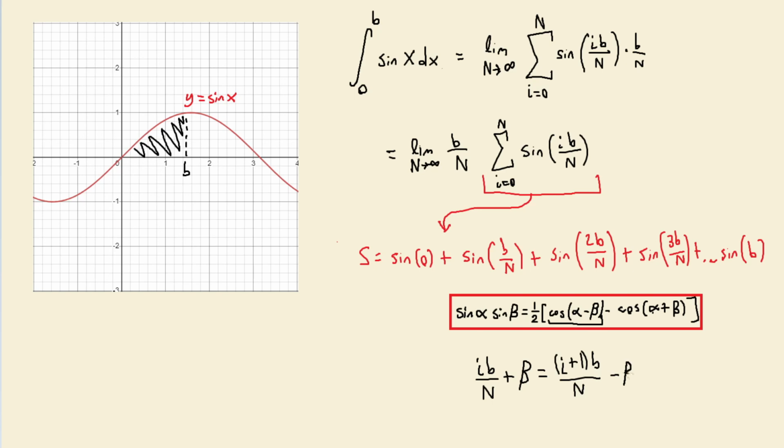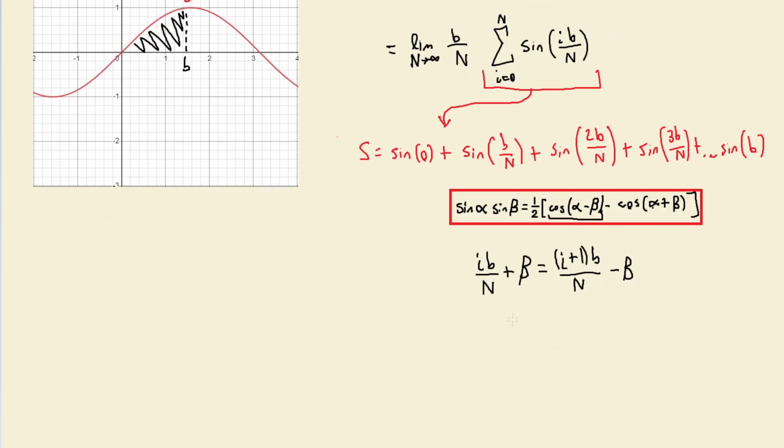minus our factor here. And so now we can actually solve this to get what our factor needs to be. In doing that, we would get that 2 times beta would equal (i plus 1) times B over N minus i times B over N. And this is actually pretty simple. These i's are going to cancel.